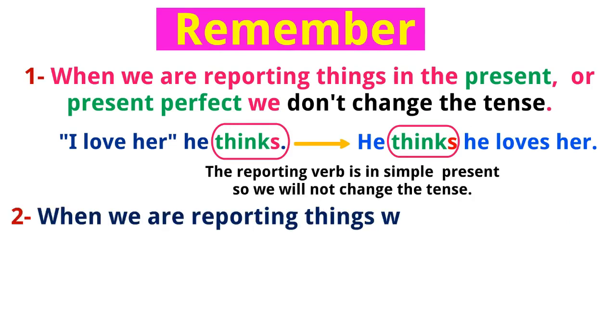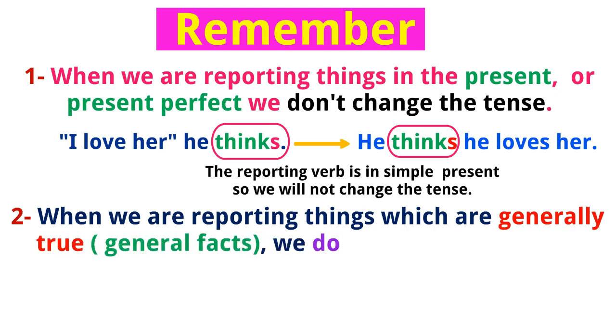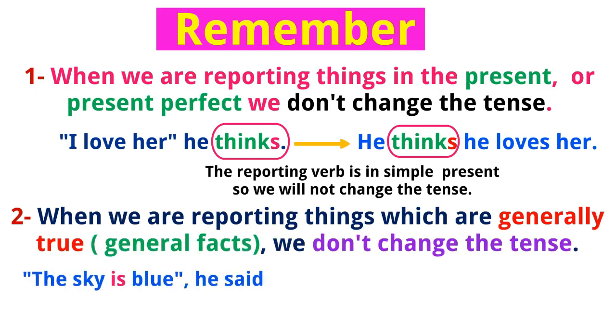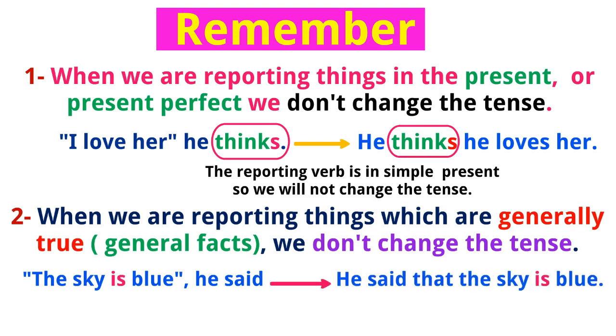Secondly, when we are reporting things which are generally true, talking about general facts, we don't change the tense. For example, "The sky is blue," he said. He said that the sky is blue because it's generally true. If we say the sky was blue, it means it changed its color, which is not true.